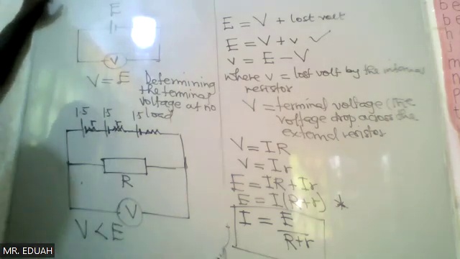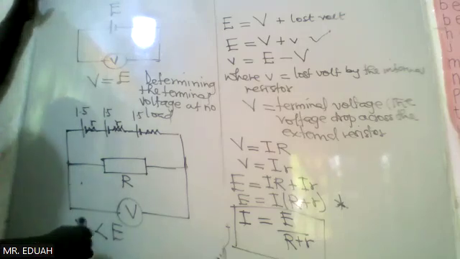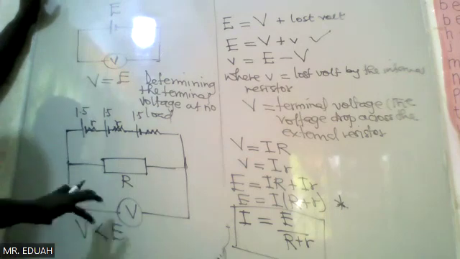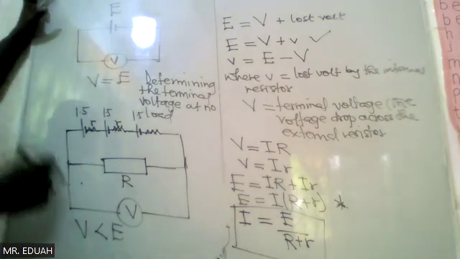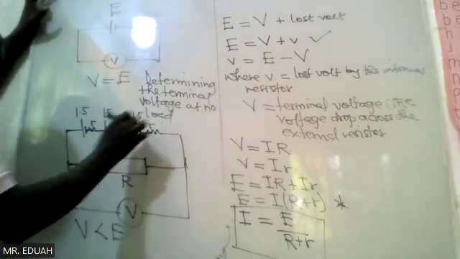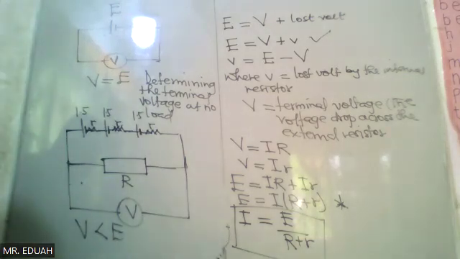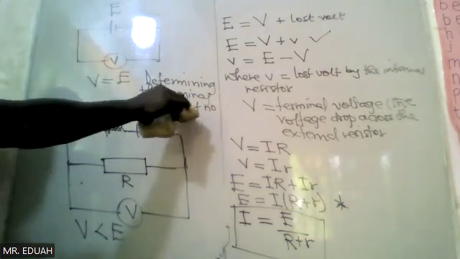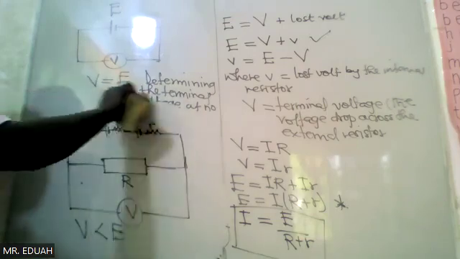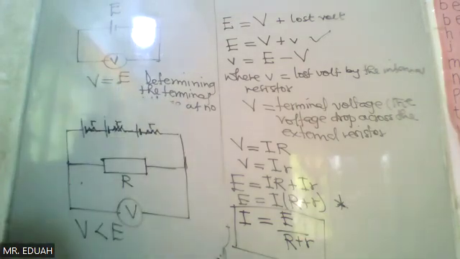If this is 4.5, you see this recording a value less than 4.5, around 3 and all that. And this is because of the internal resistance of the battery.